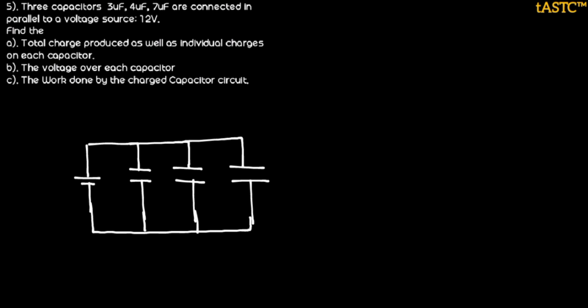Now here we got 12 volts. On this side we're going to have 3 microfarads. I think I'm going to write it here. So we got 3 microfarad. On this side we got a 4, so that is 4 microfarad. And here we got a 7 microfarad.